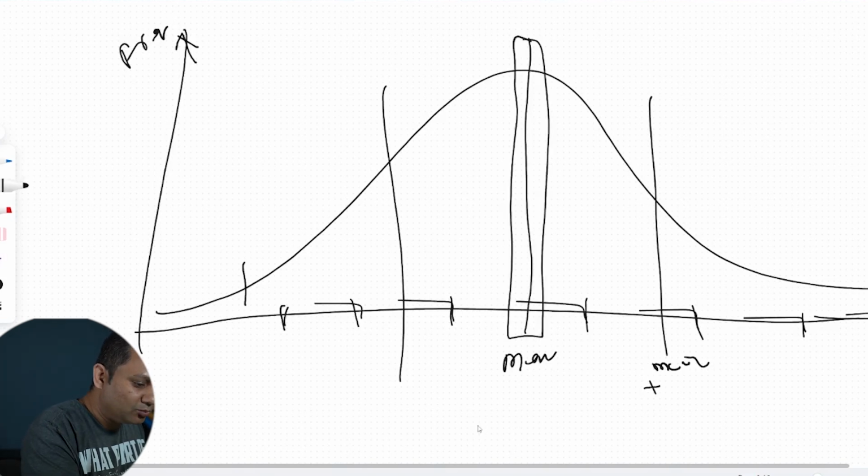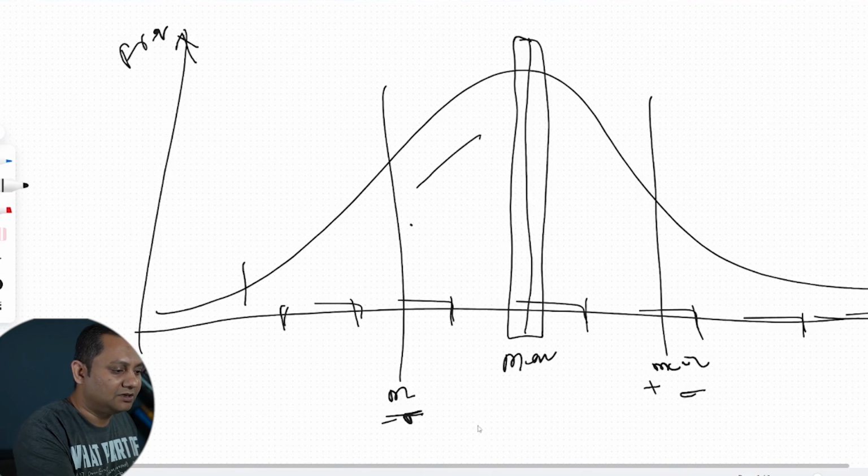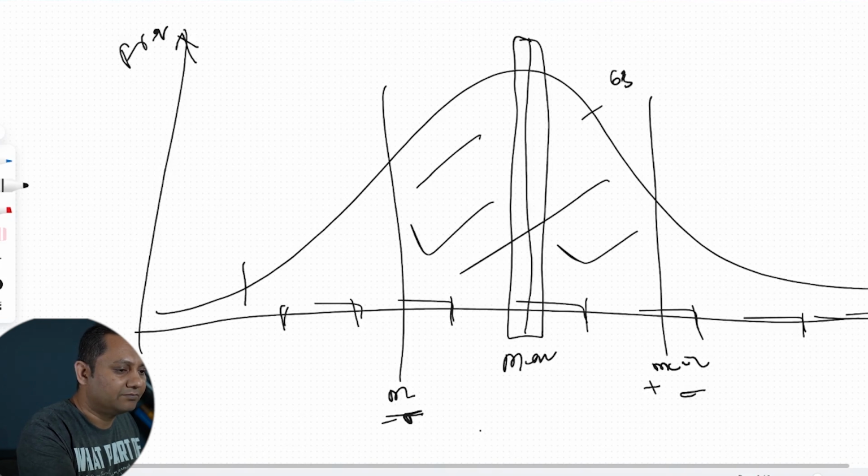So most of my data points would be here. And if this is my mean plus standard deviation, like this, right? So mean plus standard deviation will have around 68% of my data.